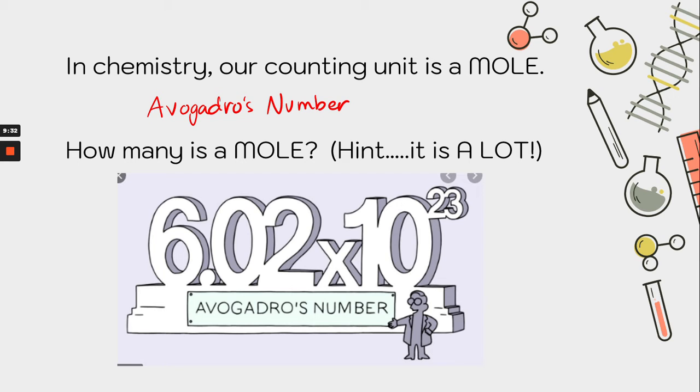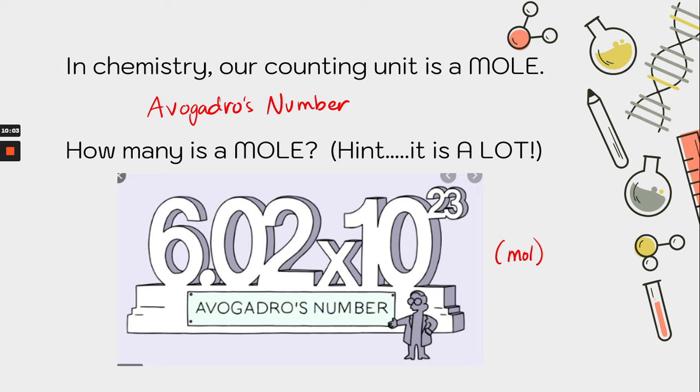Now, the mole does have an abbreviation. It's not much of one. It's MOL, right? But the mole is what's called a SI unit, a standard unit. So just like we've got meters and grams and liters, in chemistry you have moles. And a mole contains exactly 6.02 times 10 to the 23rd particles, or elementary entities is what they updated the definition to in 2018.